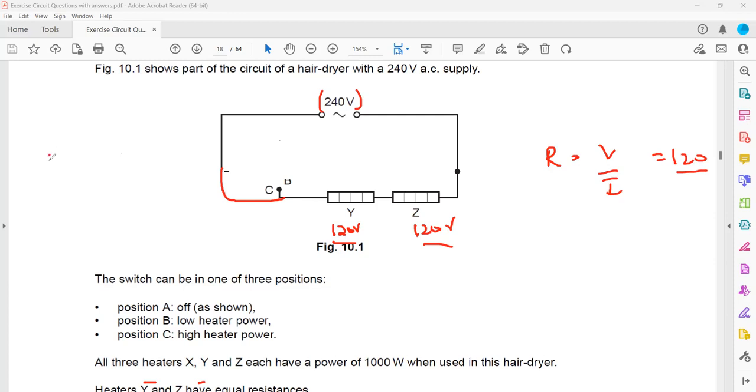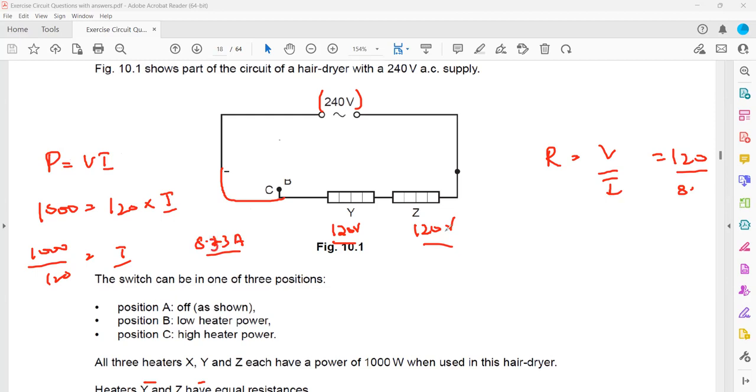To find the current, we use the formula P equals VI, where power is 1000, voltage is 120, and current is I. So 1000 divided by 120 gives a current of 8.33 amperes. Then 120 divided by 8.33 gives 14.4 ohms.